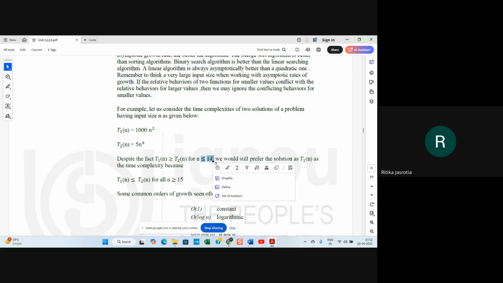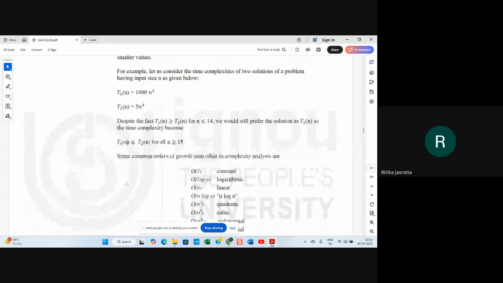When your size increases to 15 or more, this one will be less and this one will be more. That is what they are trying to tell.